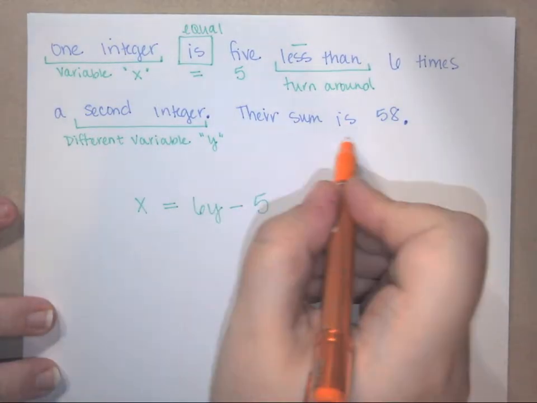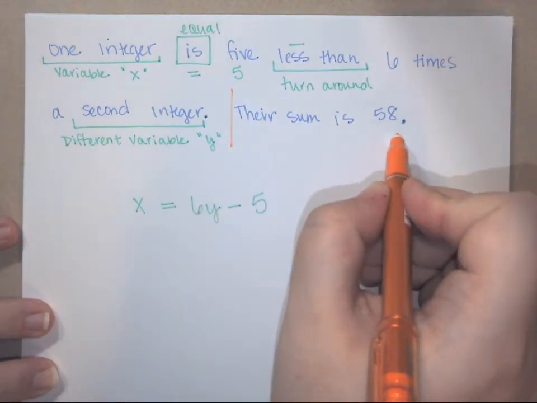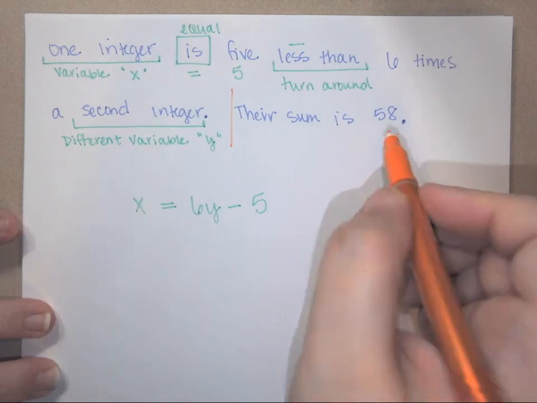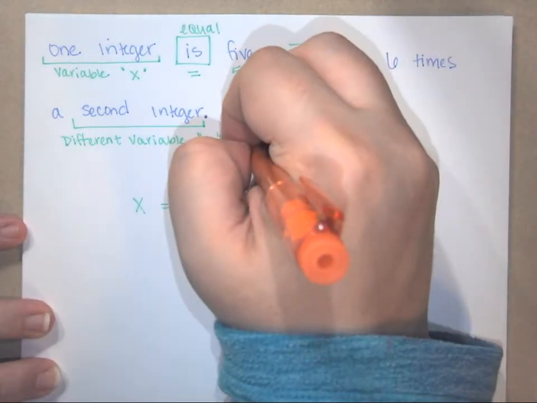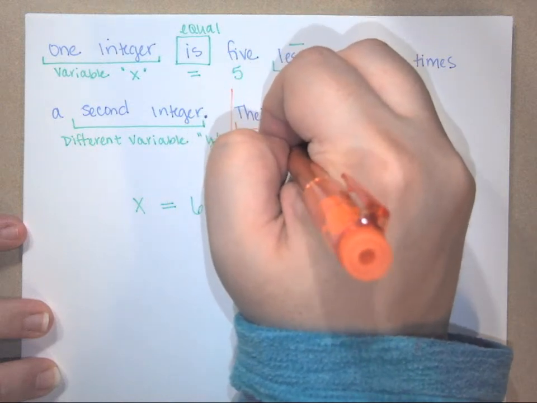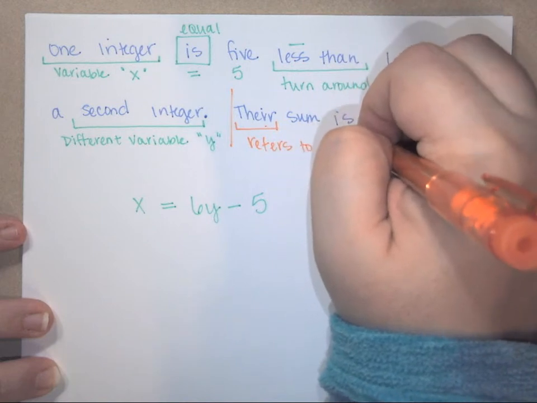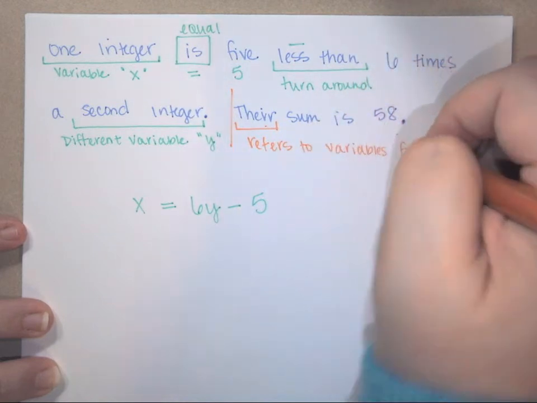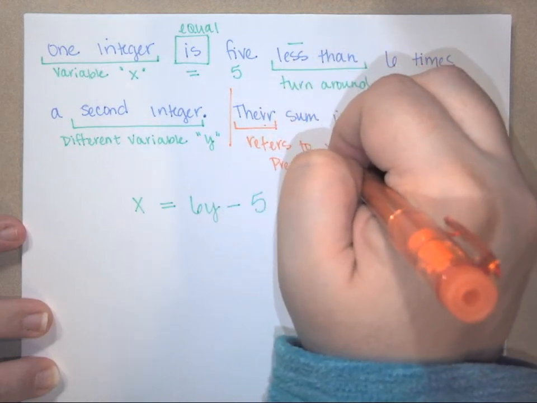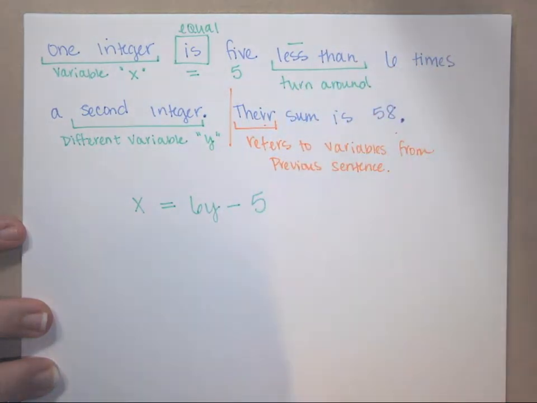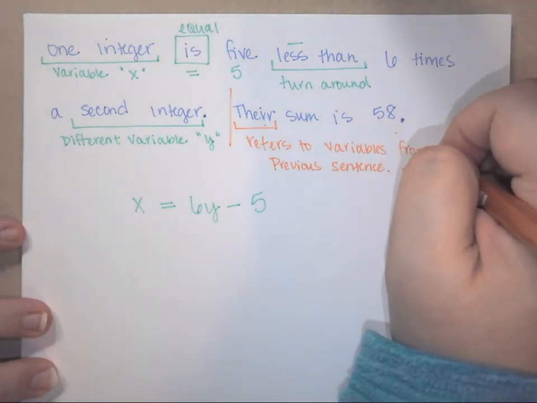Now this is a whole separate sentence, so we would totally break this. This right here is a separate equation. So this is referring to your variables from your previous sentence, in this case, x and y.